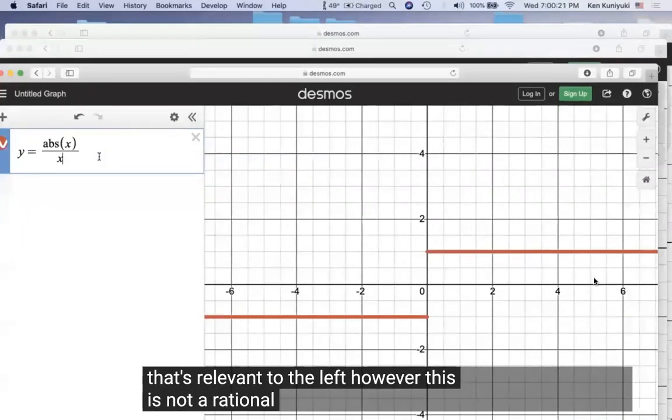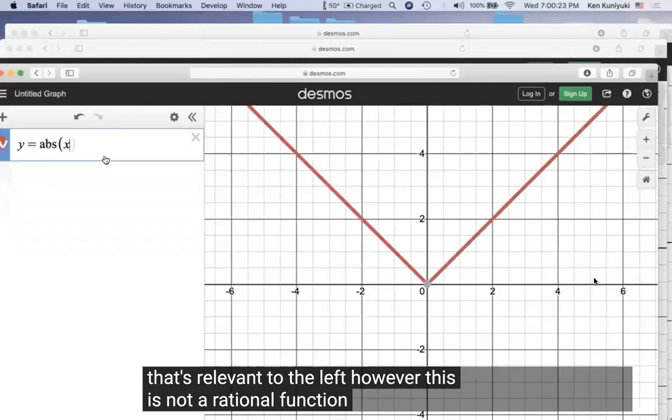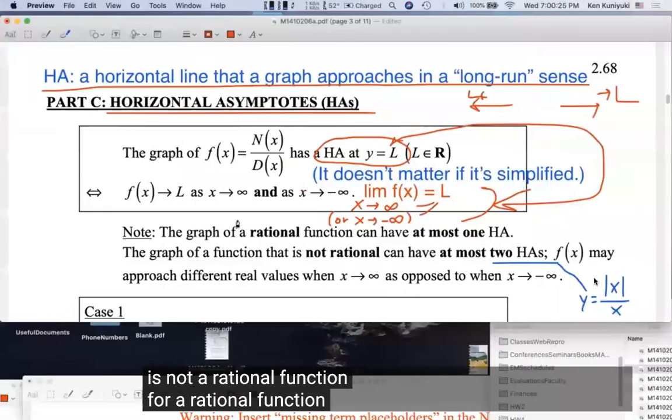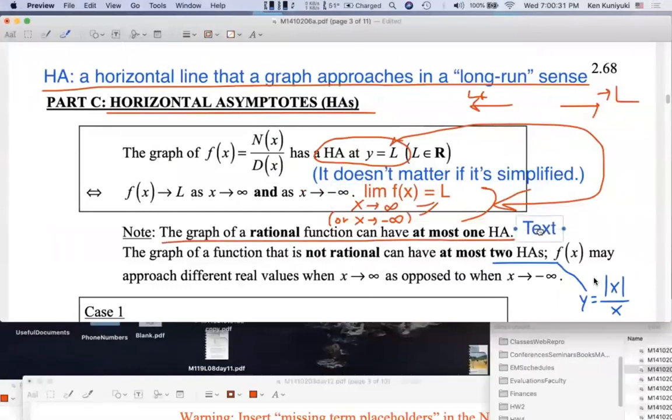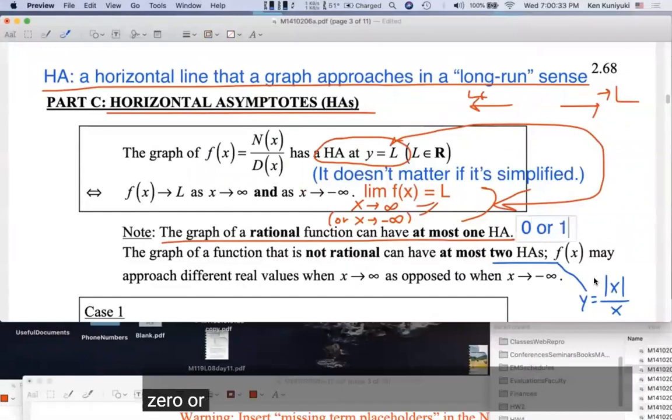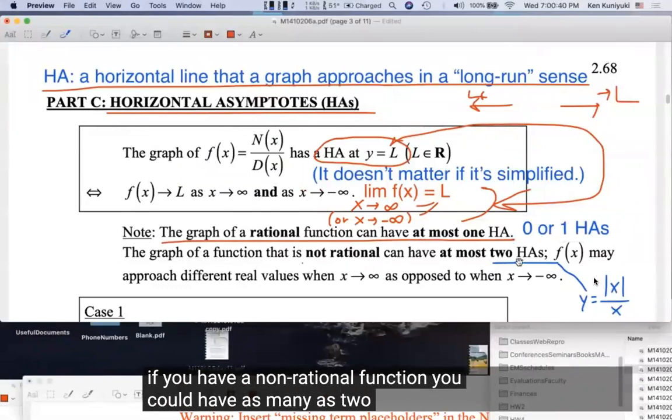However, this is not a rational function. For a rational function, the graph can have at most one HA. So it could have 0 or 1 HAs if you have a rational function. If you have a non-rational function, you could have as many as 2.